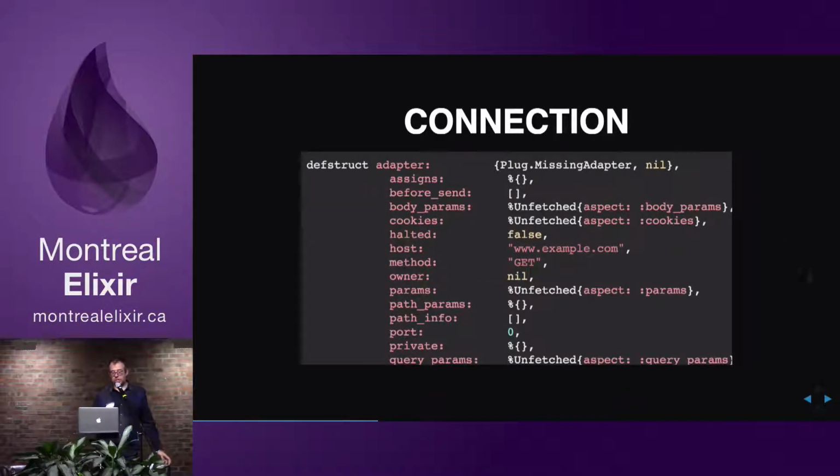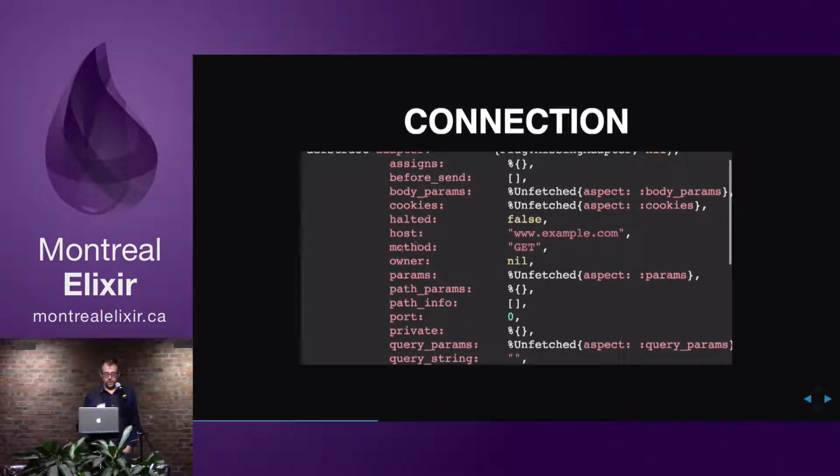Okay, what is a connection? A connection, in fact, is a structure, kind of a complex structure that has many fields. I'm not going to describe all the fields because there's a lot of them, but most important, you can see that we have, let's say, the method.